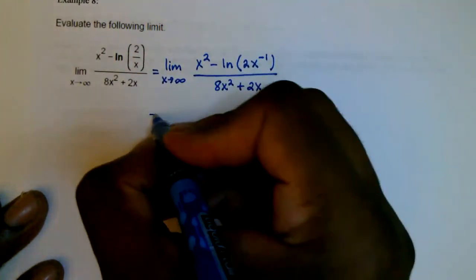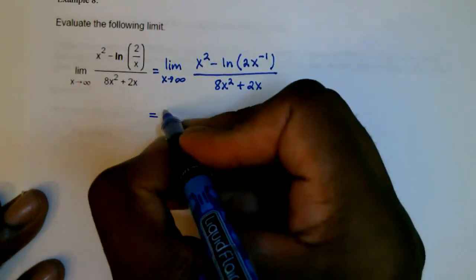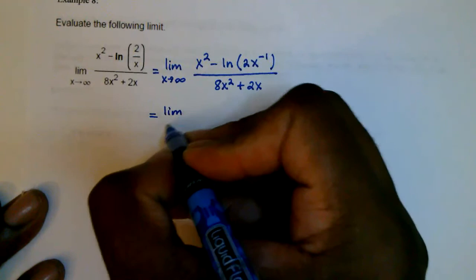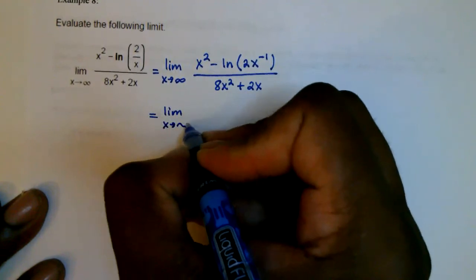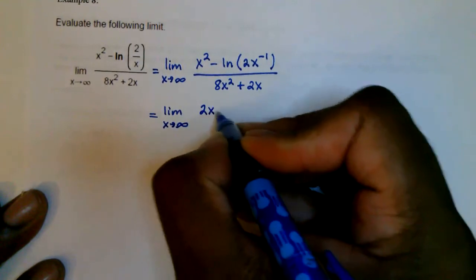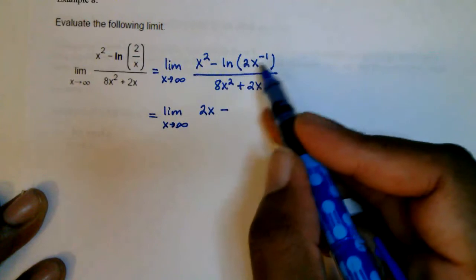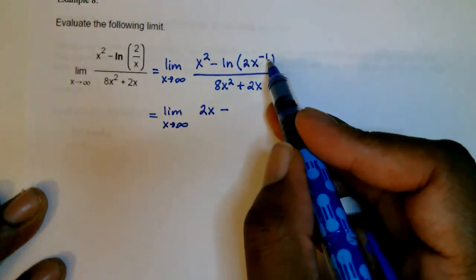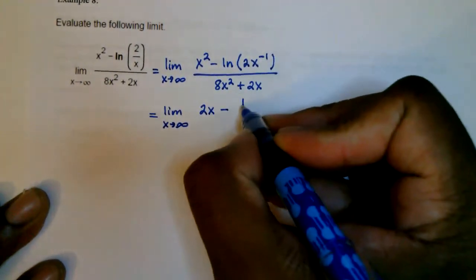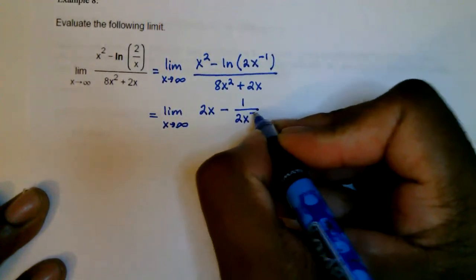And then next, we'll go ahead and use L'Hopital's rule, which is the limit as x approaches infinity. The derivative of x squared will be 2x, minus the derivative of the natural log of 2x to the negative 1. That will be 1 over that expression, 2x to the negative 1.